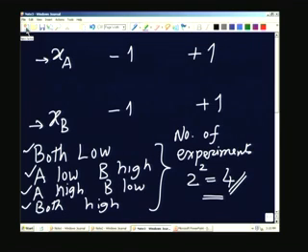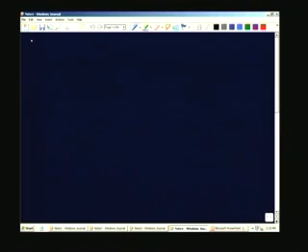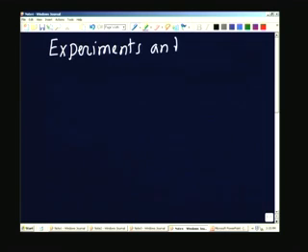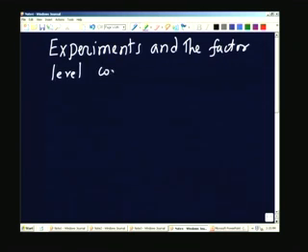So, I will just write down all the experiments we are going to conduct in the form of another matrix. So, I will write here experiments and the factor level combinations.